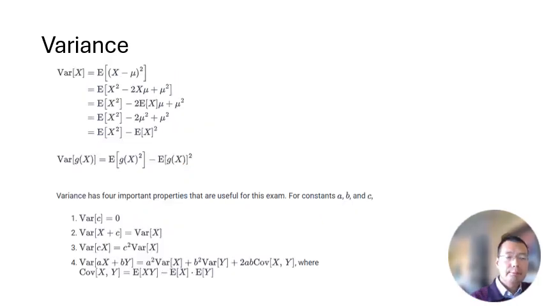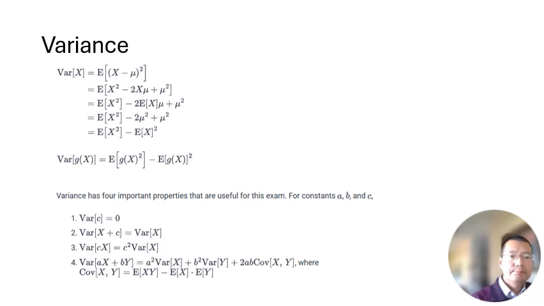Here are some very important formulas for variance. First, we derive this: variance Var(X) is equal to E[(X minus mu) squared]. Now we can expand this (x minus mu) squared to be this. Then based on the expected value property, you can apply E to each of these items: E[X squared] minus 2E[X]mu plus mu squared.